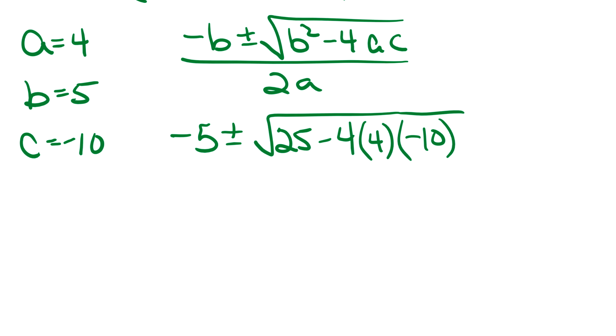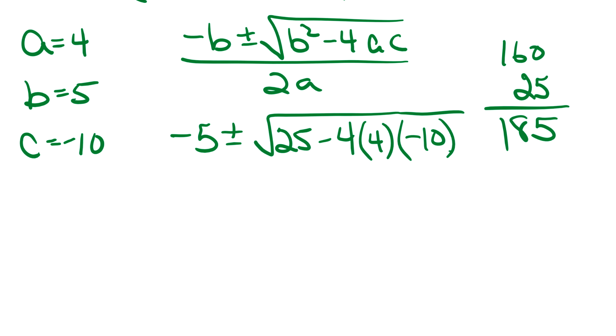So this is going to be 25 plus 4 times 4 times 10. 25 plus, because a negative 4 times a negative 10 is positive 40, times 4. And that's 160. So I'm going to add these two together, and I get 185, it looks like.